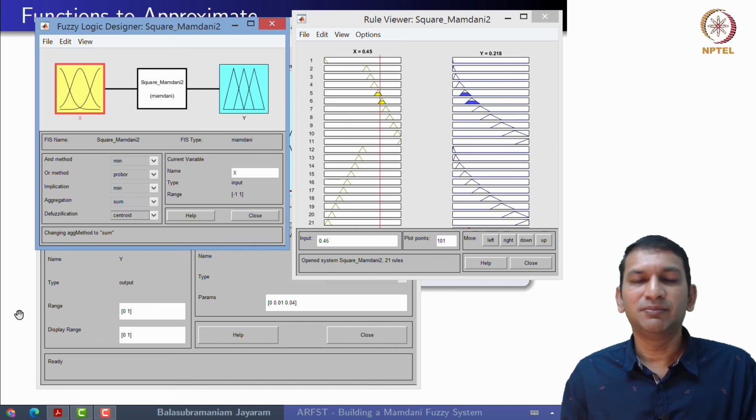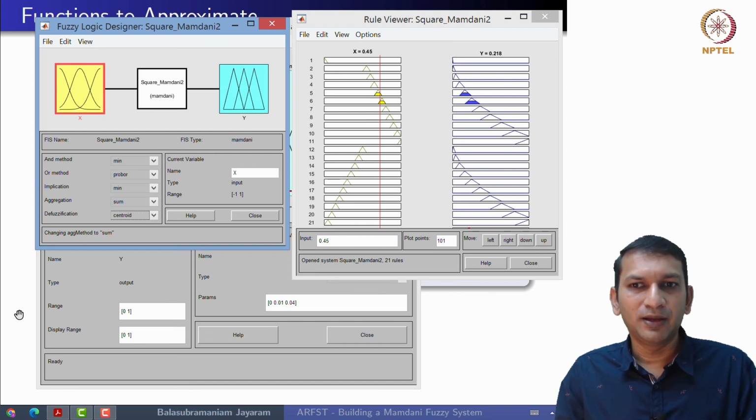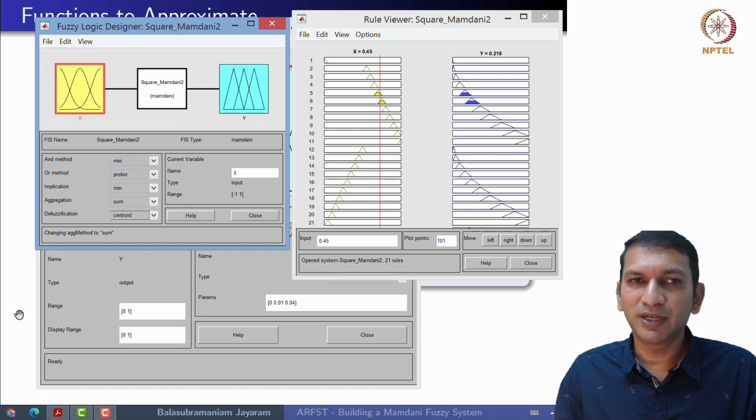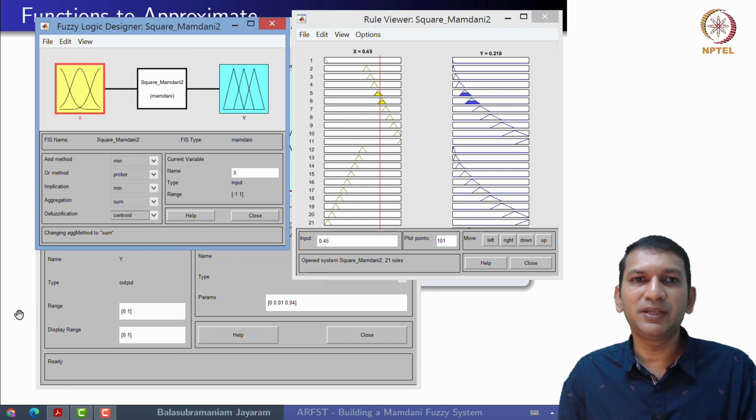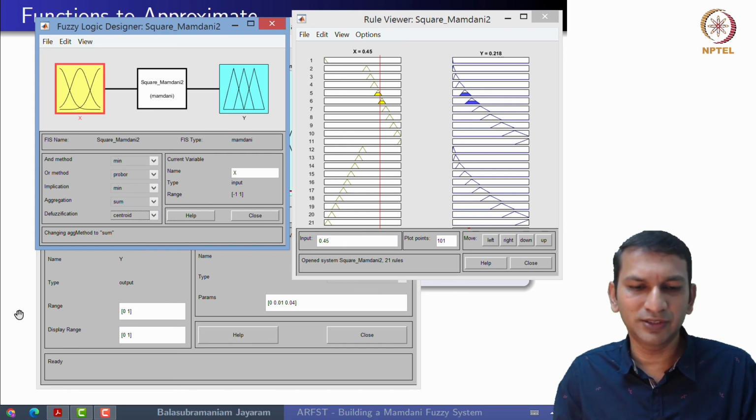However, as was mentioned earlier too, we are only learning the tricks of that trade, given it is only some kind of a proof of evidence that any continuous function can actually be approximated using a Mamdani fuzzy inference system, and also a way of doing it, how to actually pick the fuzzy covering, how to pick the rules, and what are the operations or options that you choose for the different inference operations.